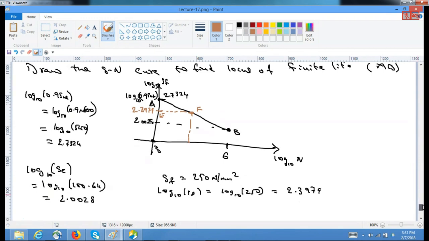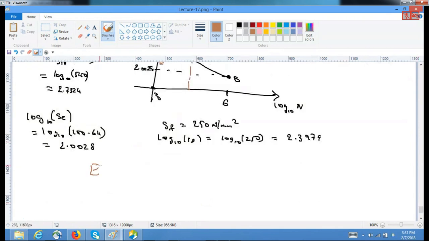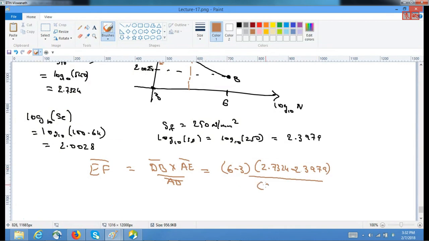In order to obtain our EF bar, we need to obtain it by similar triangles, that you can see: EF bar by DB bar equals AE bar by AD bar. Here DB bar is 6 minus 3, and AE bar is 2.7324 minus 2.3979, divided by AD bar, which is 2.7324 minus 2.0028.